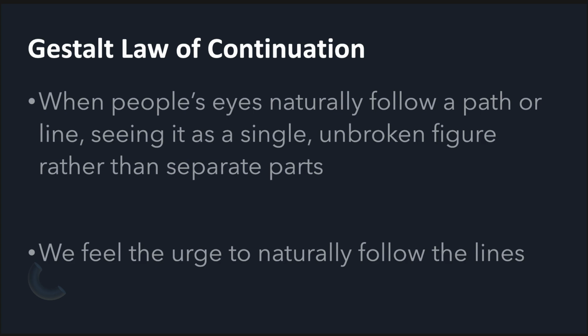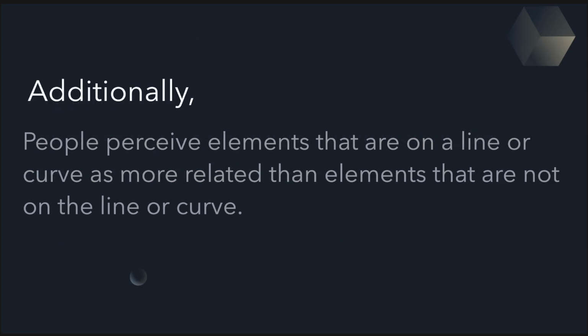If something only went from the left end of a screen and stops in the middle, then we see that as being done. And if we go below and a new line starts, then we just follow a new line. Okay, so again, this is probably kind of confusing, so let's talk about this. Additionally, people perceive elements that are on a line or on a curve as more related than elements that are not on a line or a curve.